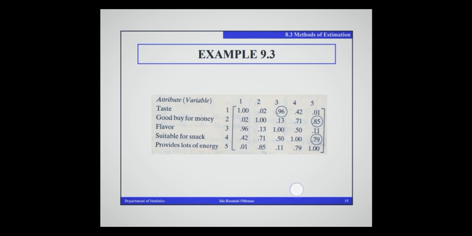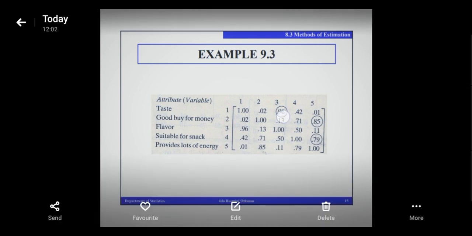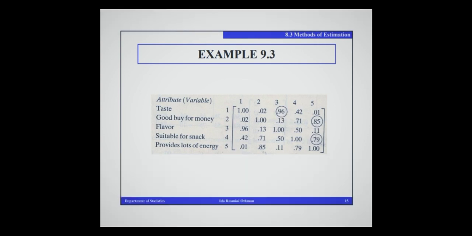Okay, let we see. Yang dia bulatkan dekat sini 0.96. Okay, dia kata kat sini correlation matrix that variables 1 and 3 kan, kat sini 0.96 ni adalah value correlation between first variable and the third variable. So dia punya correlation is strong kan, high correlation between this.